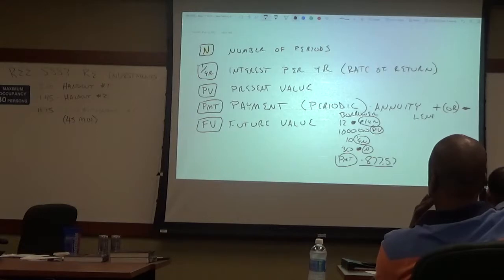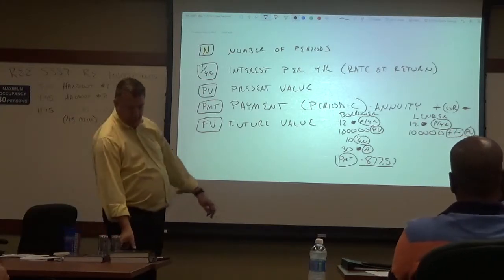So from the lender's perspective, the setup would be virtually identical except for one piece. We would make the present value, or the loan amount, a negative number. How do we achieve that?